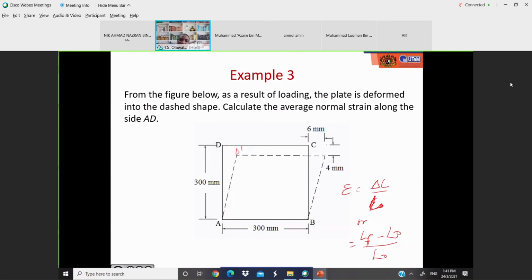In this case, it is better to calculate your final length first. Let's start with L original. What is your original length of AD? It's 300 mm. So now calculate your L final.